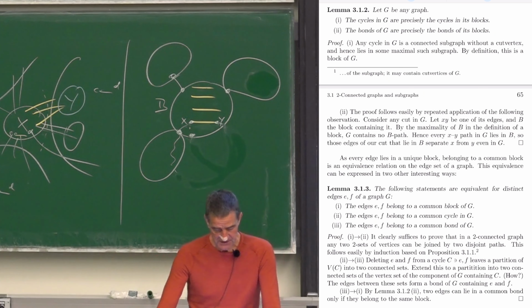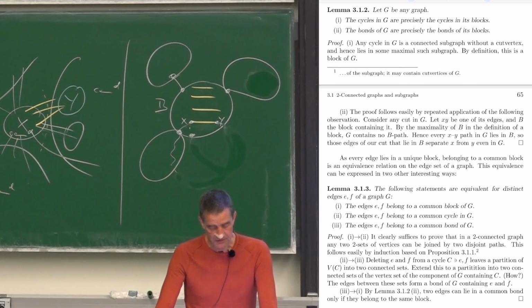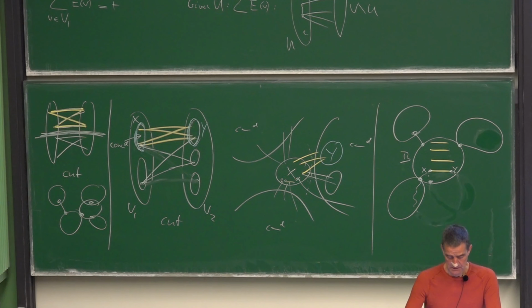So we have shown that the bonds of G are in fact bonds of a block. And if you do have a bond of a block, then we can extend the partition of that block to a partition of G into two sets, which even in G it separates minimally by the same argument. Okay. Right, questions about that?